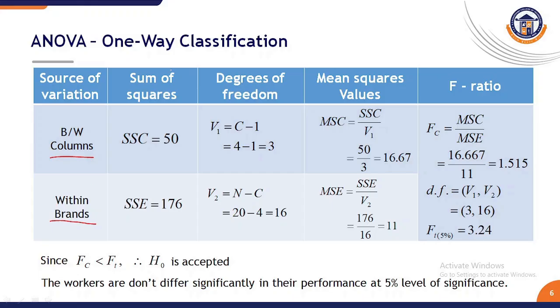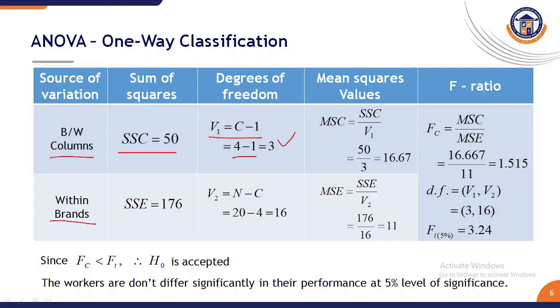The second column is assigned for sum of square values SSC. Then next one is degrees of freedom. For column values, degrees of freedom V1 equal to C minus 1, number of columns minus 1, V1 equal to 3.